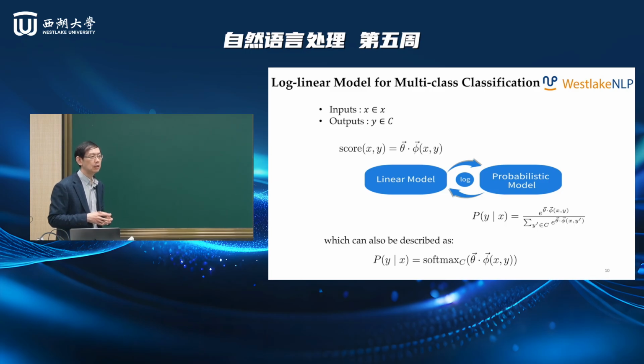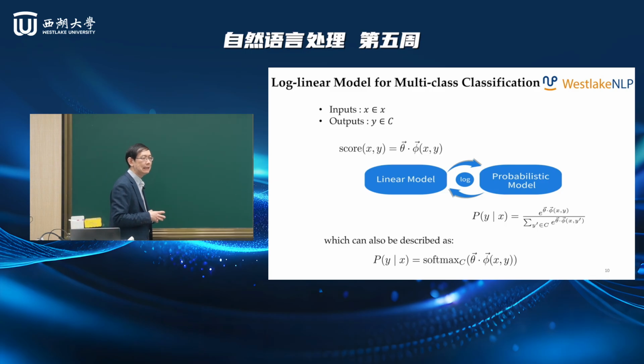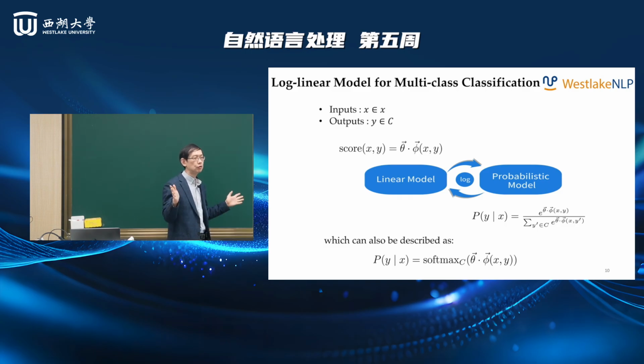And that will lead to the scores of every class label adding up to 1, each between 0 and 1. Because it's an exponential function, it's not negative. So if non-negative numbers sum up to 1, then everything will be between 0 and 1, right?